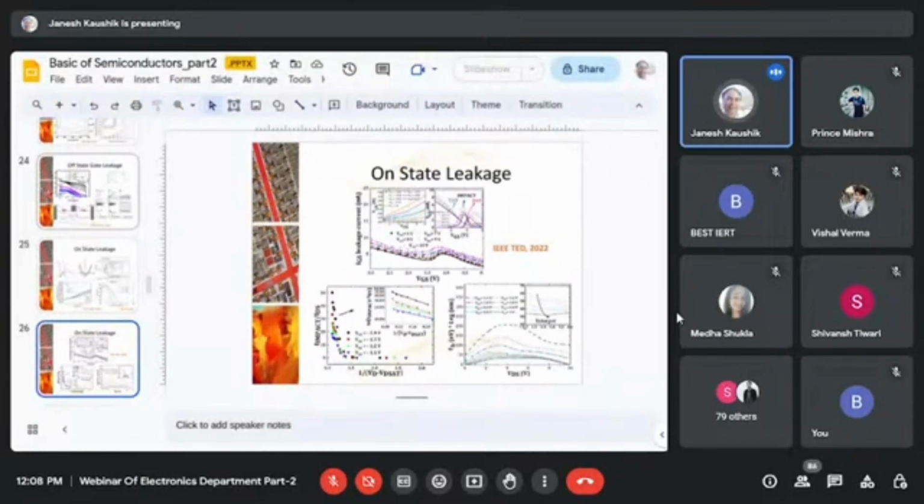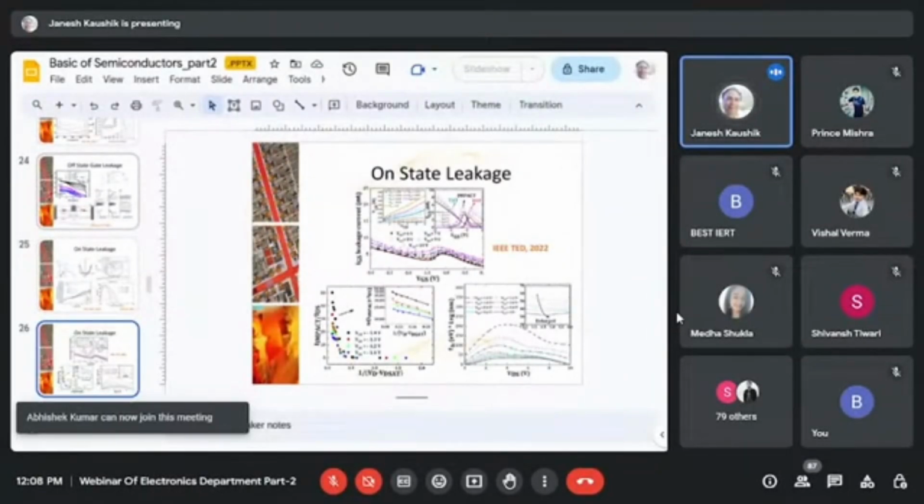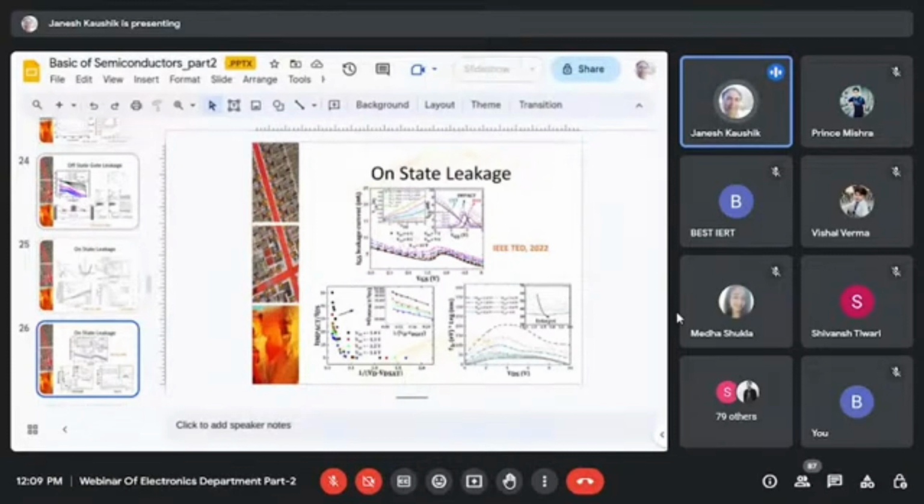Again, it reduces to the normal level. That is due to impact ionization in the surface traps, and that reduces our virtual gate length, and that changes our gate leakage as well as drain current, and that's why we get the recovery of the drain current due to this change in the leakage current at the higher drain voltages.